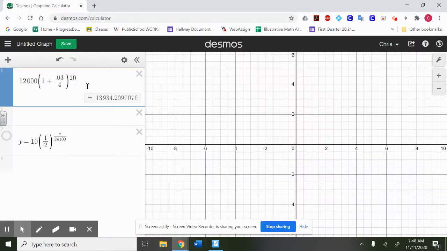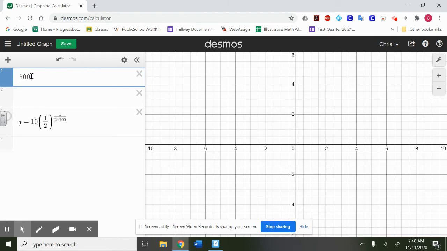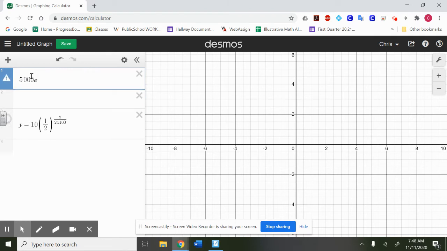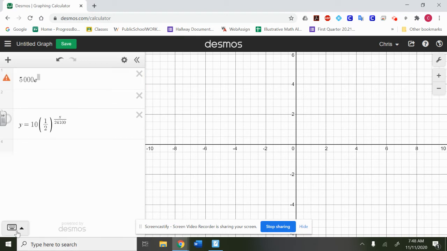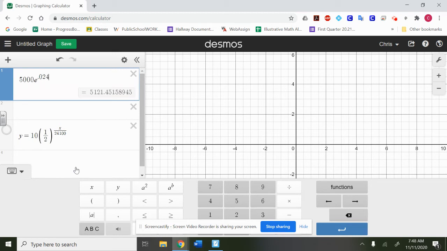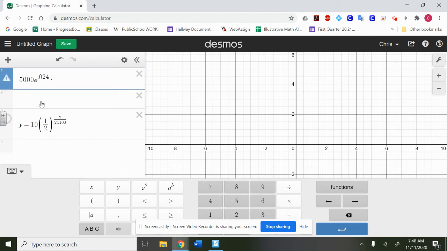So same thing. 5,000, type in e there, exponent, and you can use the keyboard down here to do your times. I can do 0.024, and then I can times that by 7 up top. Oops, we didn't want to do that.